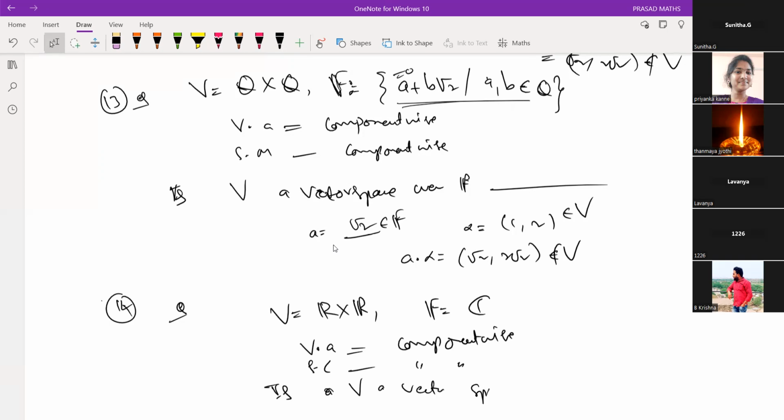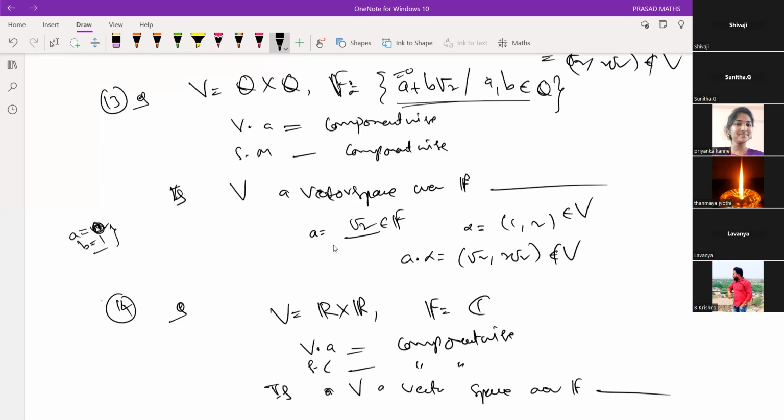Again, the second property. In the above example, root 2 belongs to F, because I can take a equal to 0 and b equal to 1. If I take a equal to 0 and b equal to 1, automatically it is an element of F.